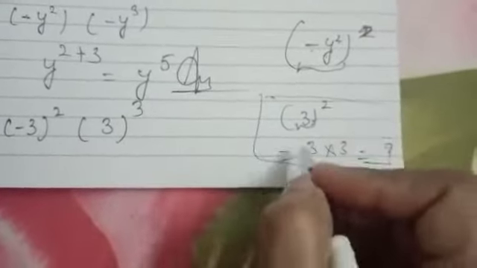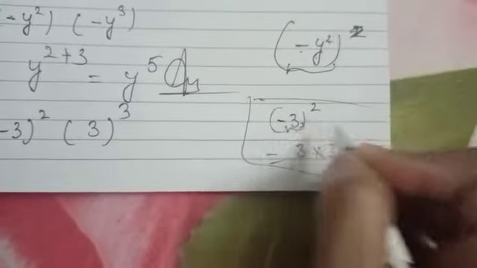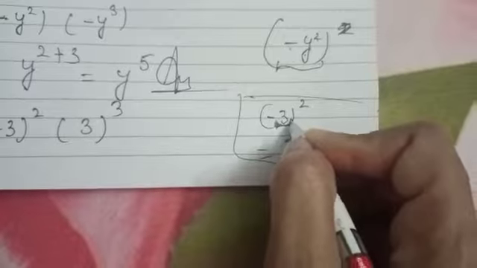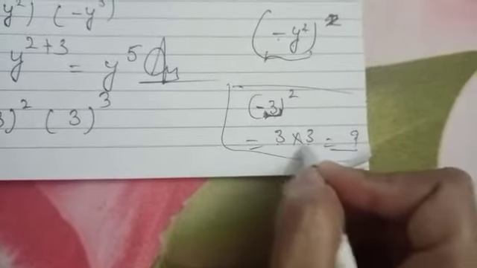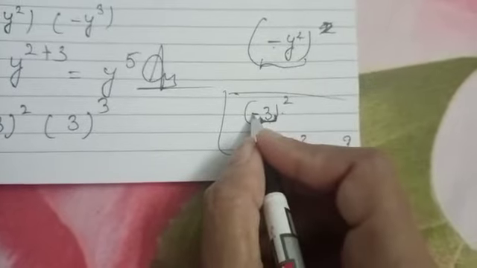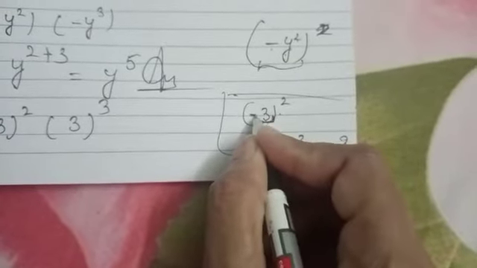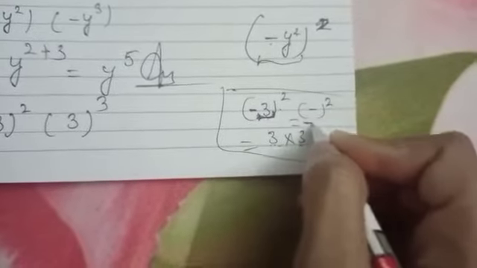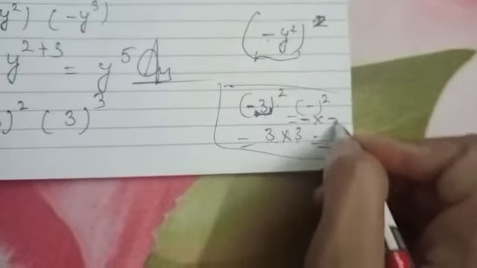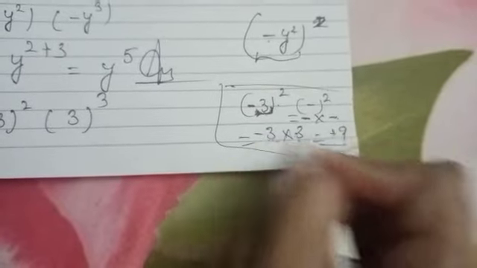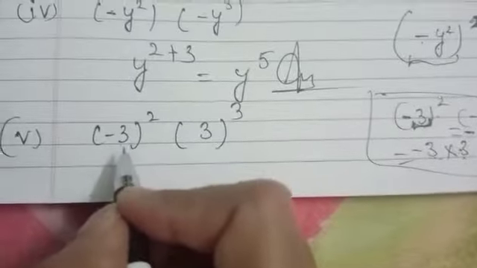But if we have minus inside it, beta, if we are doing the square of this number, the number multiplies with itself as many times as its power, and at the same time the minus will also multiply. Right? If minus 2 is squared, it means minus into minus, so minus minus will be plus. It's the same here.